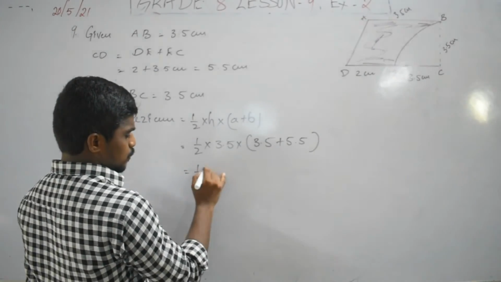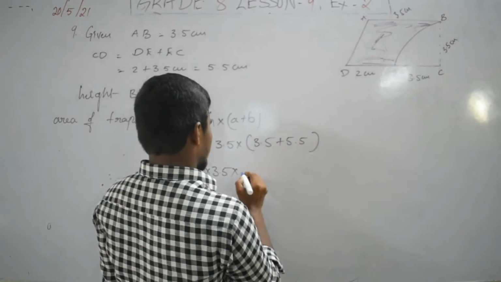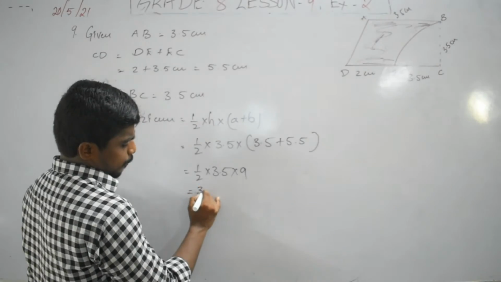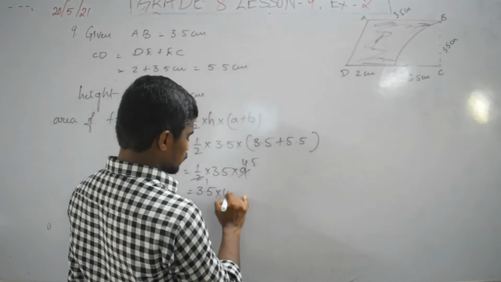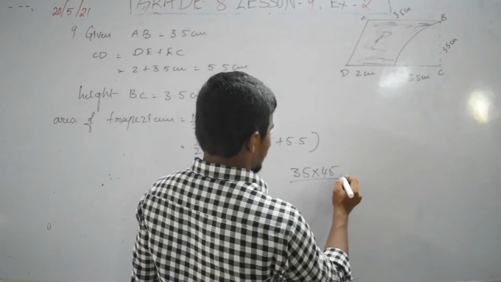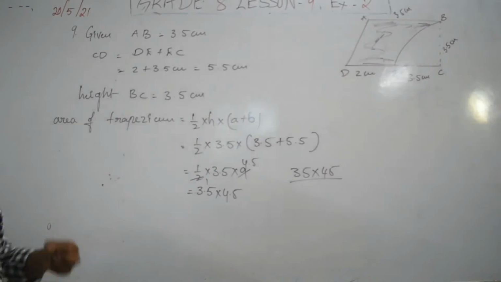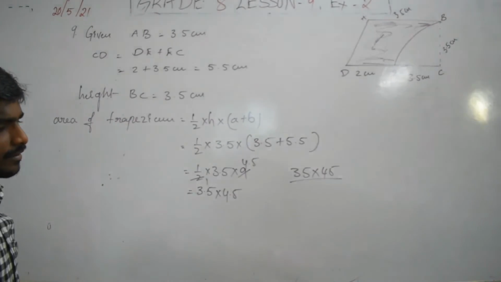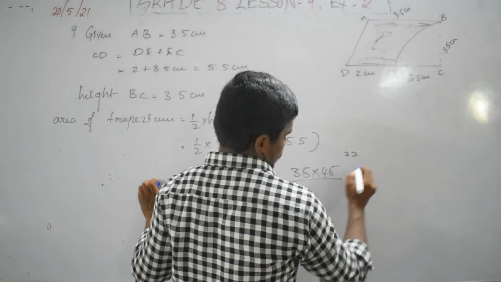So 1 by 2 times 3.5 times 9. 3.5 times 9 is 31.5. So 1 by 2 of 31.5. 45 1 is 45, 45 2 is 90, 45 3 is 135, 45 4 is 180, 45 5 is 225.